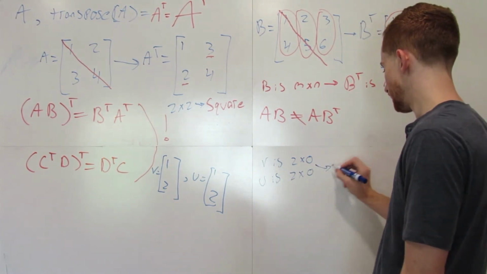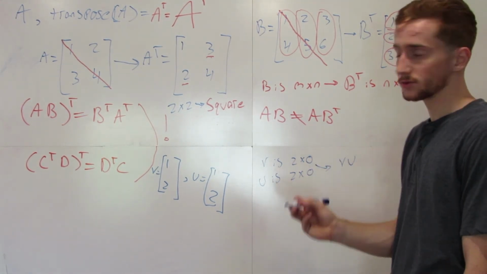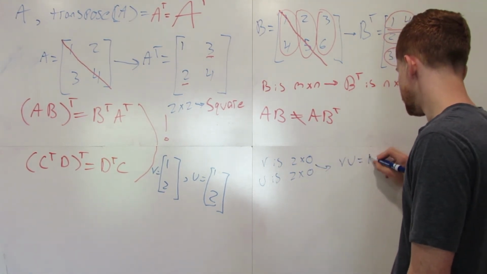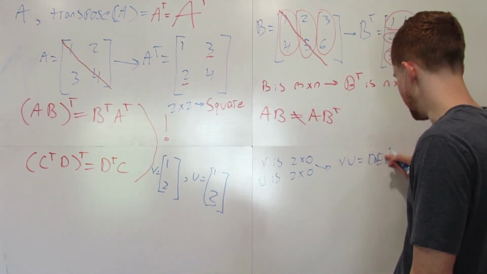Well, notice this implies that VU, under the matrix multiplication we just talked about, does not exist.